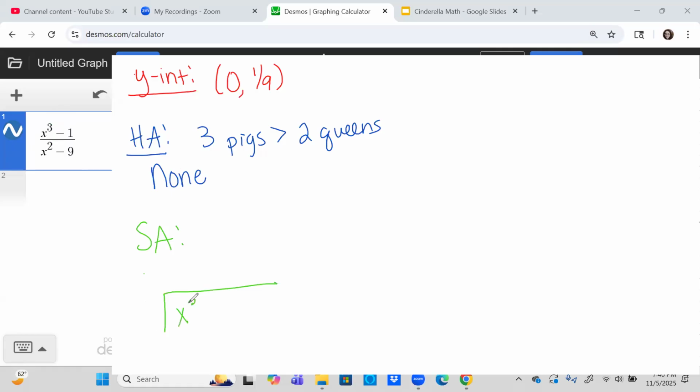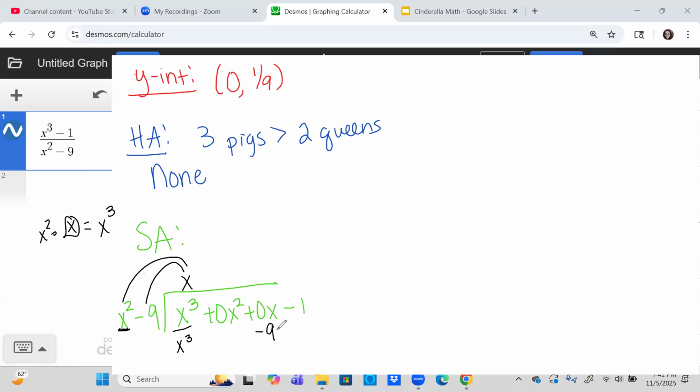So this is x cubed, no x squares, no x's, minus 1, divided by x squared minus 9. We do need to put in those zeros. I know it's annoying. X squared times what would be x cubed? You only look at the first things. X squared times x would be x cubed. Distribute that. That's x cubed. Distribute that. That would be negative 9x. Make sure it lines up. Subtract.